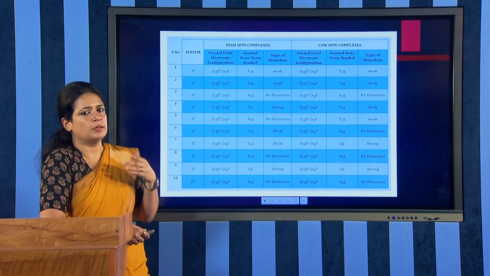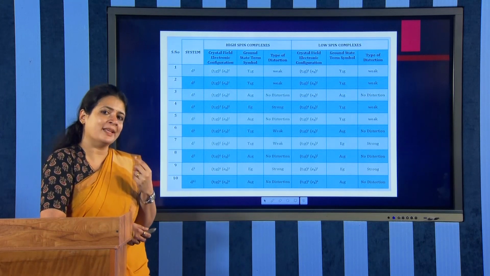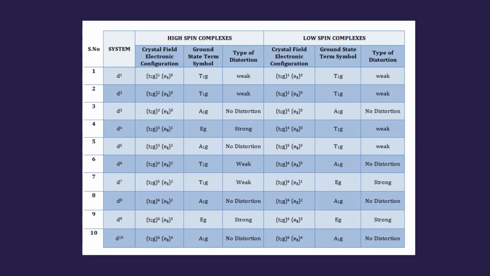We have seen that two types of complexes are there, high spin complexes and low spin complexes. High spin complexes have maximum spin, that is electrons will not be paired, and the excess electrons occupy a higher energy state.